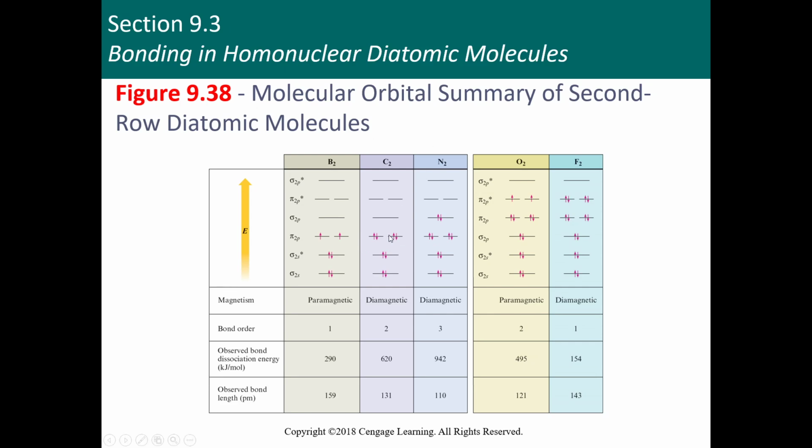All right, so again with this, you would fill in 4 electrons for carbon on here. That would give you paired electrons. See, they're paired everywhere. There's no unpaired ones. And that means carbon C2 is actually diamagnetic. Again, you would have another 2 electrons, which we fill in this one orbital right here. And that means this one is also diamagnetic.